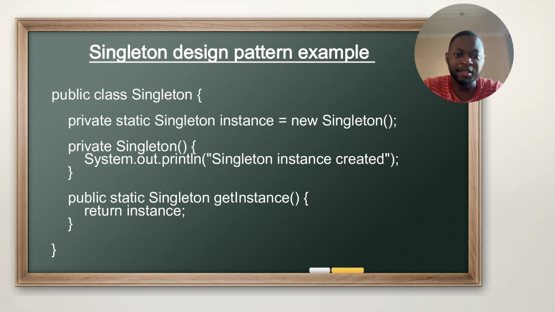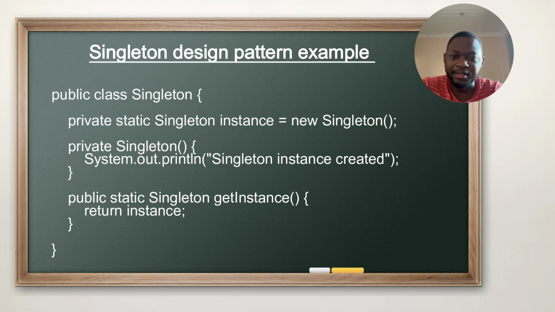It will always be the object that was created with the class. We can't update or change the object. And above the get instance method, you will see we have a private constructor which prints out singleton instance created. You will understand more of how the instance is created in our next example.